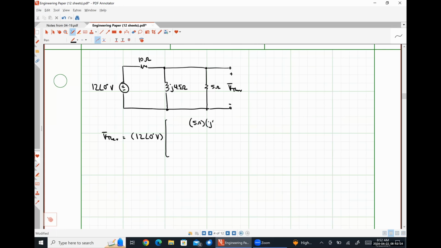So that's j4.5 up here, and then the denominator of my numerator is going to be 5 plus j4.5 ohms. Down here, I'm going to have 10 ohms plus that same thing that I have in my numerator, 5 times j4.5 over 5 plus j4.5.